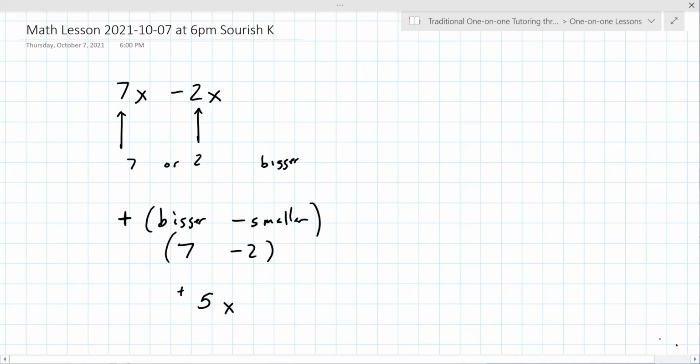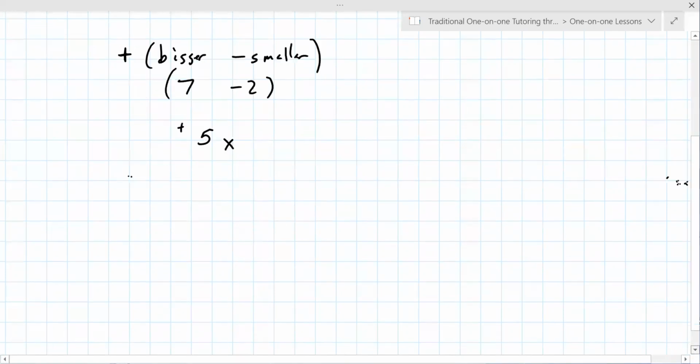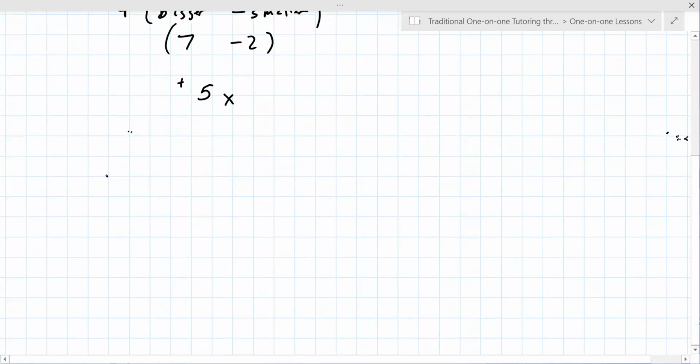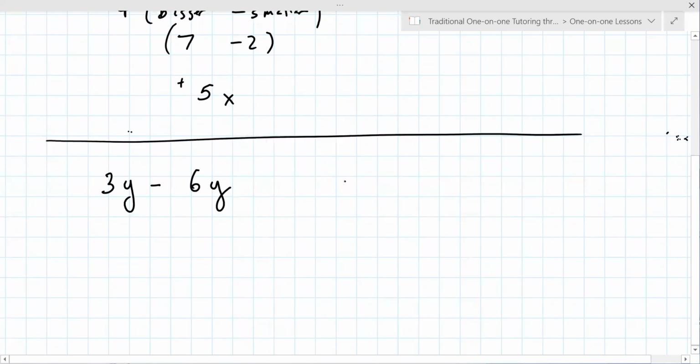Okay, so let's look at another one here. So let's say it's 3y minus 6y. Okay, and let's look at the numbers. We're looking at 3 and 6. Which is bigger? 6. Is 6 positive or negative?